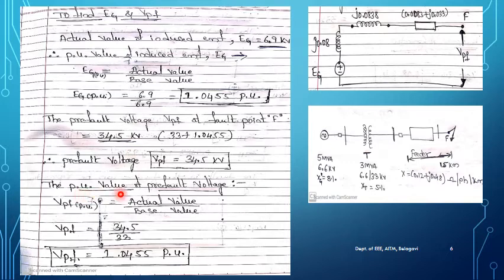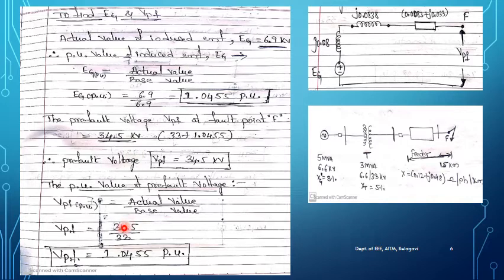So the per unit value of pre-fault voltage is given by, as we know, the per unit formula, per unit is equal to actual value divided by base value. The pre-fault voltage actual value we already obtained over here, right?